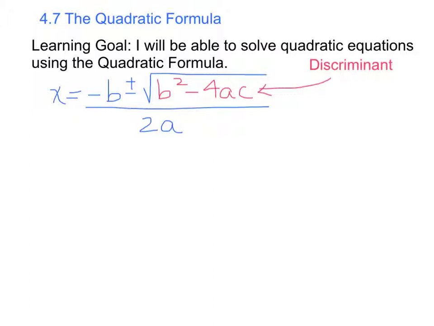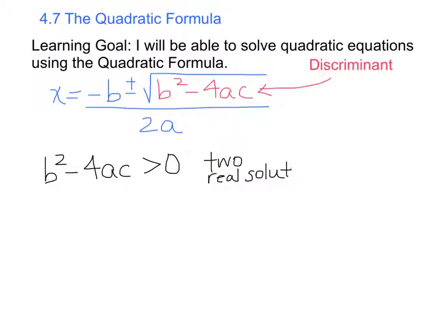The way it works is if the discriminant is positive, that means that it's going to have two real solutions and it'll have two x-intercepts, which means if you had to graph it, it'll touch your x-axis in two places, whether up or down.